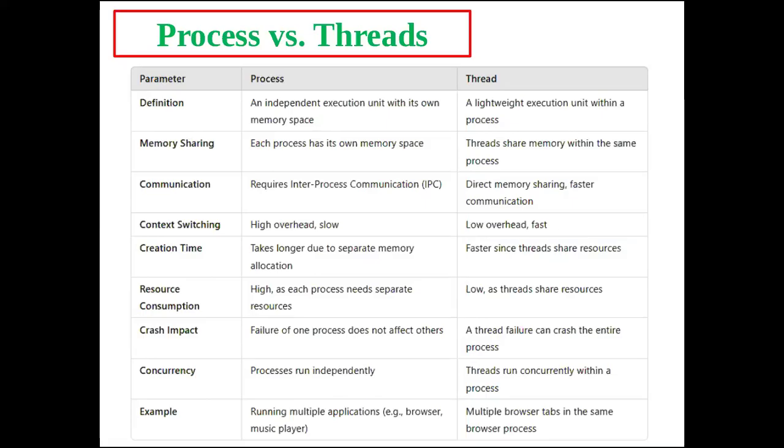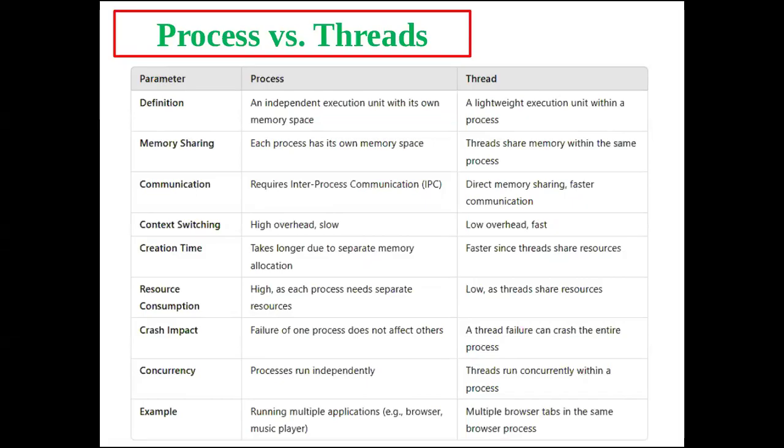Parameter 6, resource consumption. Now let us compare resource usage. Processes make use of high resource consumption. Each process needs separate resources. Whereas threads have low resource consumption, since threads share the resources. Now suppose something crashes.